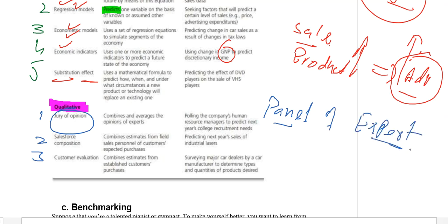So these are the experts who come together, who give us different information, or who forecast and predict for us on the basis of the knowledge and experience they already have. Number 2, sales force composition.